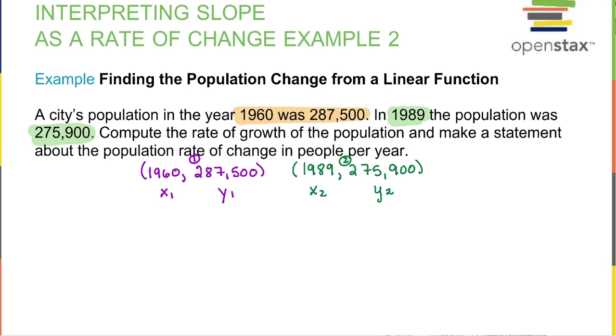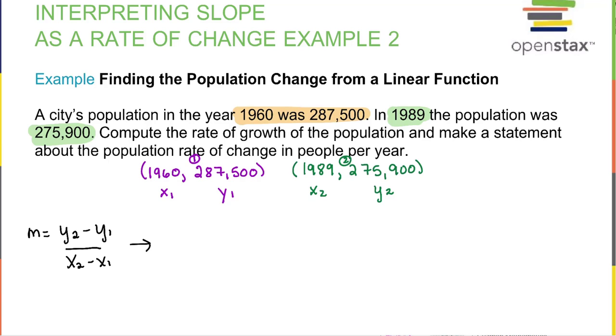The formula, where m is slope, is y2 minus y1 over x2 minus x1. So now we just need to fill in this formula.